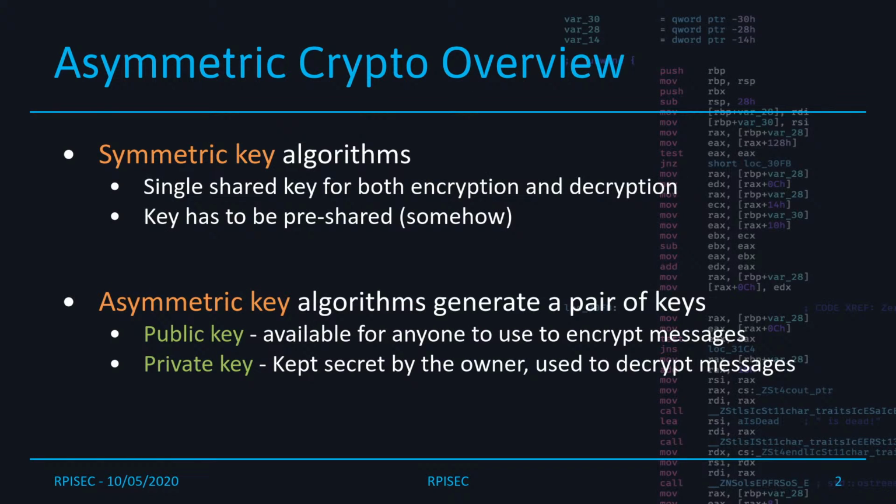All right, so quick overview. On Friday, we talked about symmetric crypto systems, and when you're using a symmetric key crypto system, both the sender and recipient use a single key for both encryption and decryption, and that key somehow has to be pre-shared.